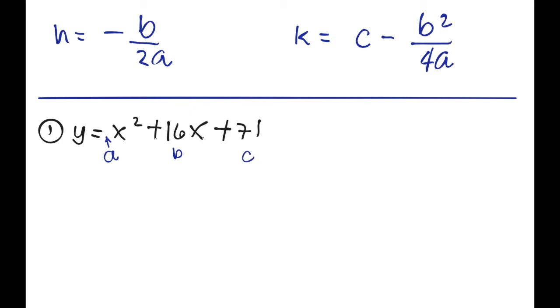Let's solve for h. We know that h is equal to negative b over 2a. So here our b is 16, so it becomes negative 16 over 2 times 1. So our h is equal to negative 8.